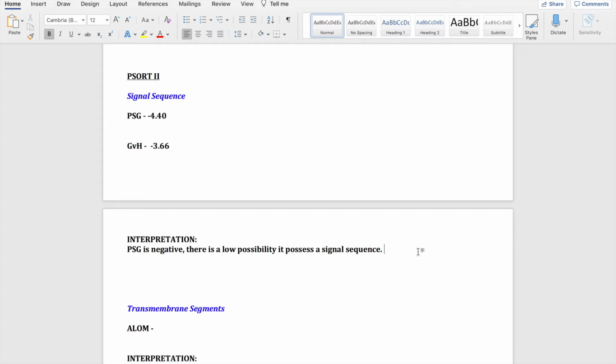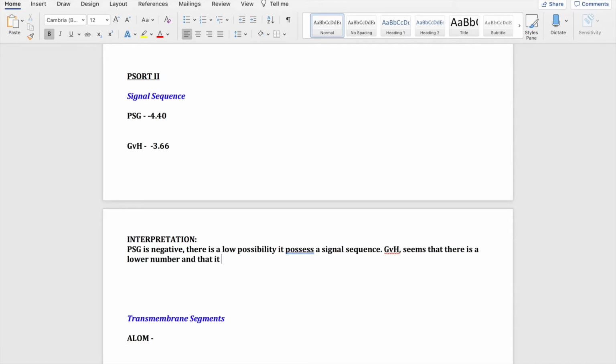So a large output means there's a high possibility that it has a cleavable site. I also think that this is a low number. So I'm going to interpret this as ours likely doesn't have a cleavable sequence based on the GVH number.